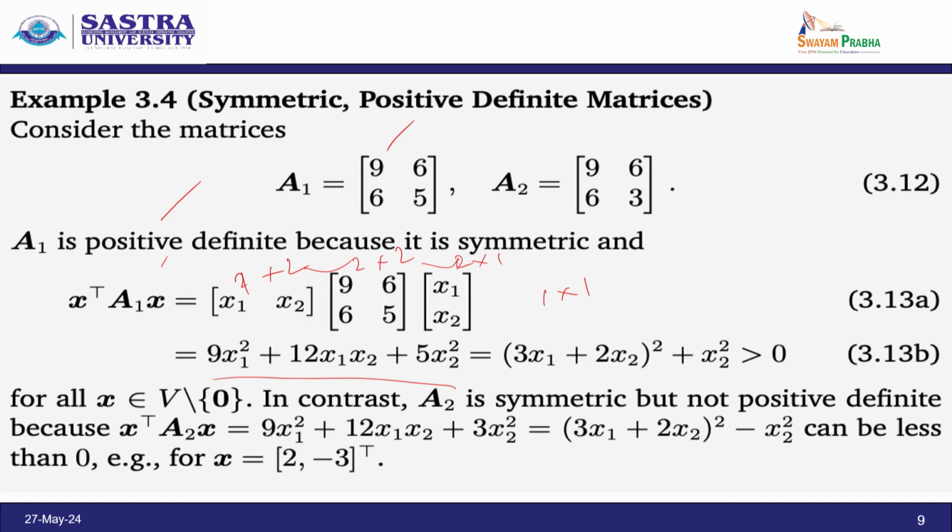After simplifying, we get (3 x1 plus 2 x2) the whole square plus x2 square. Whatever value we substitute, it is positive.